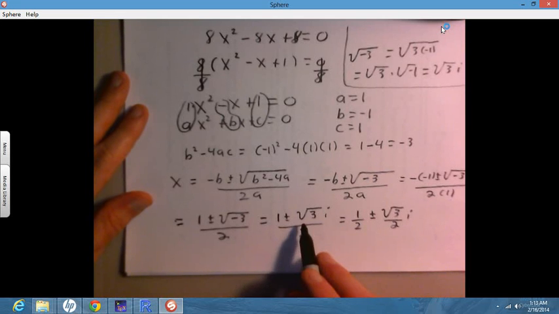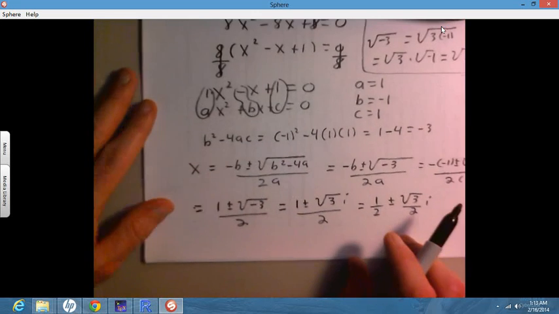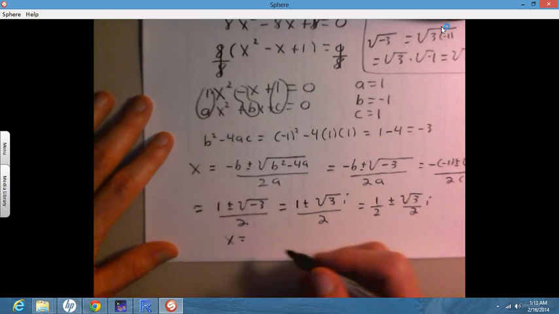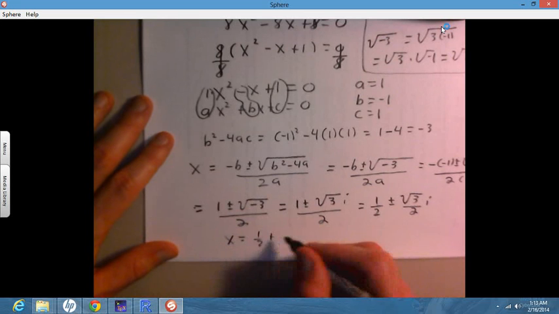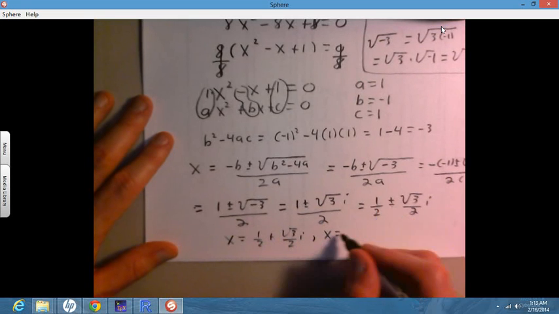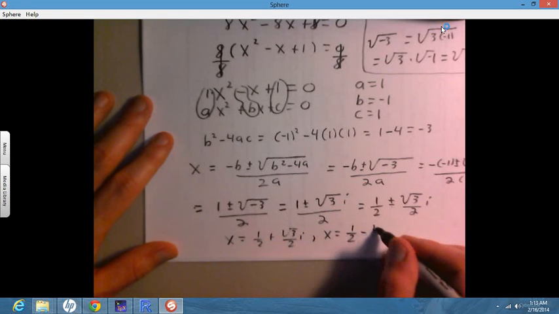So that tells me x is equal to 1/2 plus the square root of 3 over 2 times i, or x is equal to 1/2 minus the square root of 3 over 2 times i. So those are my two solutions.